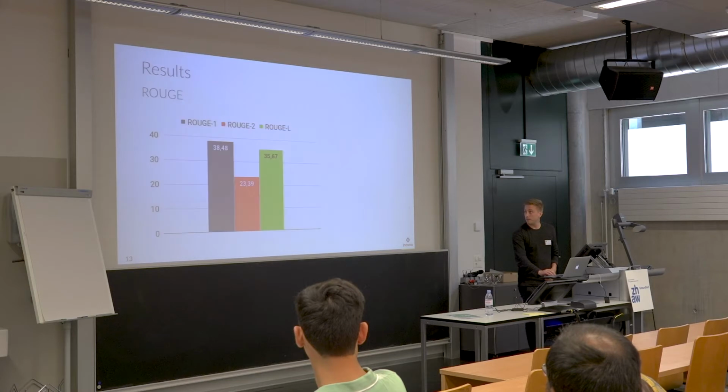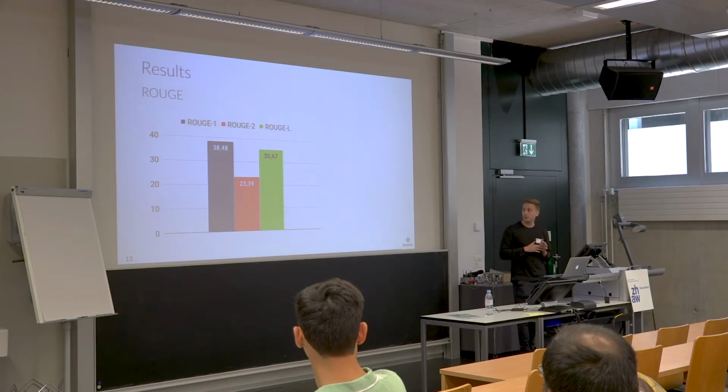And to show the ROUGE score, that's the English ROUGE score. We didn't do anything special for German. It's a little bit lower, as you've seen before. ROUGE score, for everyone who doesn't know it, is a comparison between our summary and the goal target. That's also one problem in text summarization in general: we only got one goal target, but you can express a text in very different ways.